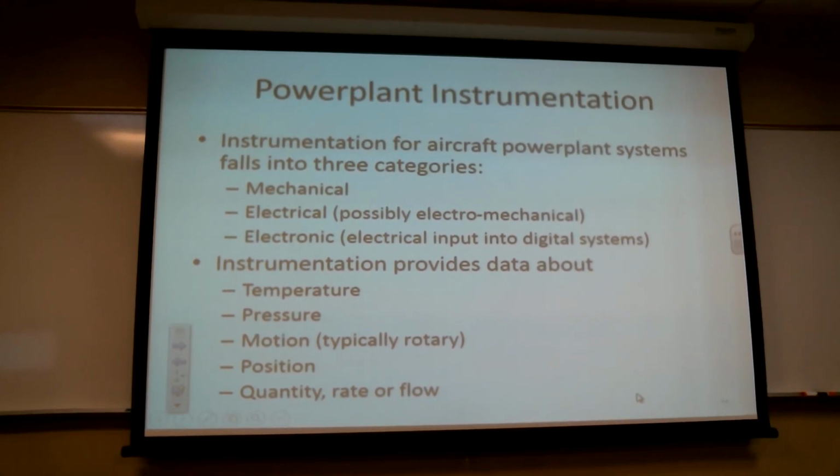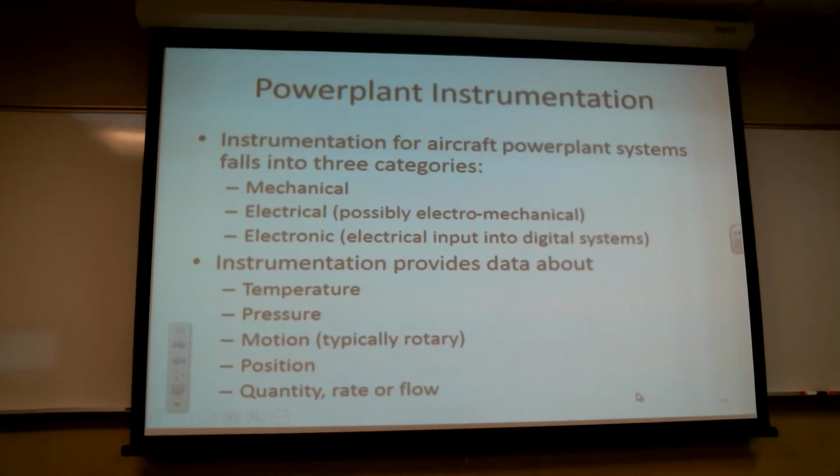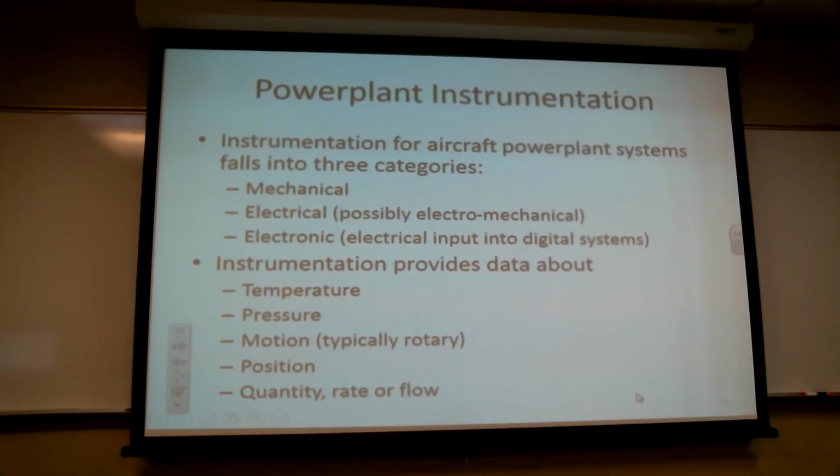It'll then take primarily a bunch of analog electrical sensors, run them into its own little brain and convert them to digital data, and then once they're converted to digital data, display it in whatever manner the manufacturer has decided is best. Now, having said that, one of the advantages of some of the electronic components, particularly with power plant instrumentation, is they can program these things to allow you to set up a bunch of different ways of looking at data.